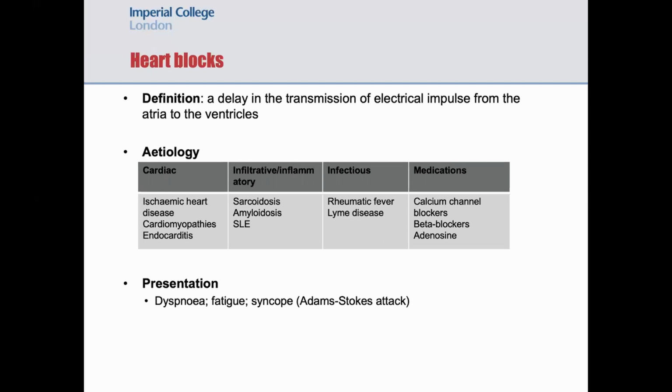The symptoms are usually shortness of breath and fatigue, and especially in complete heart block, because the cardiac output is not adequate, you can get syncope and something called an Adams-Stokes attack. Essentially that's when someone is doing their things all right, and then they suddenly collapse to the floor with their face turning completely white, and then they recover in a while and are completely fine.